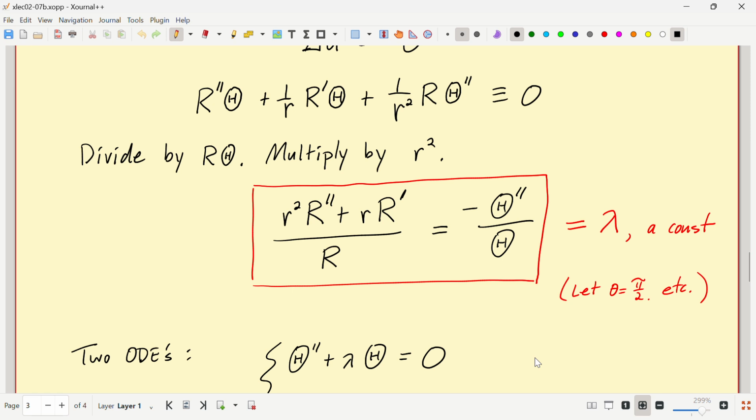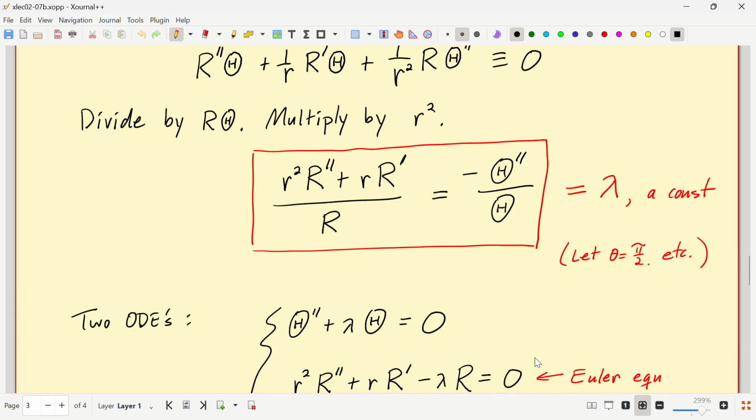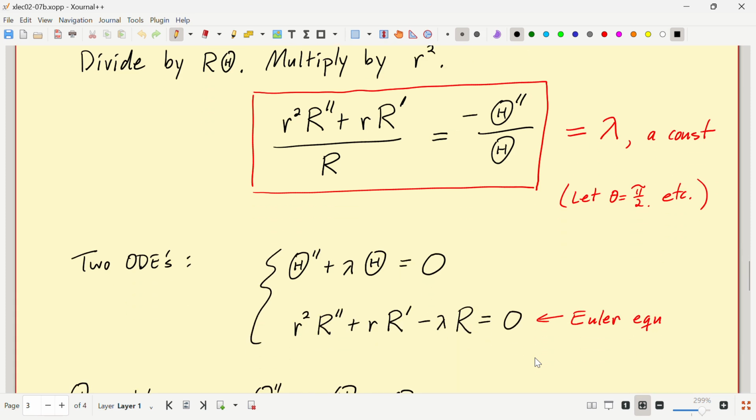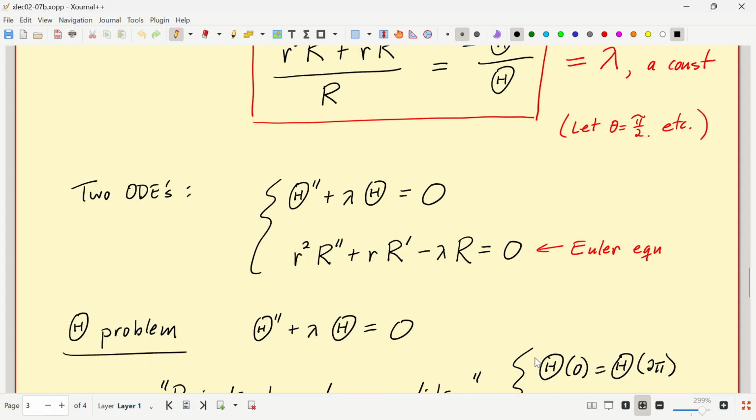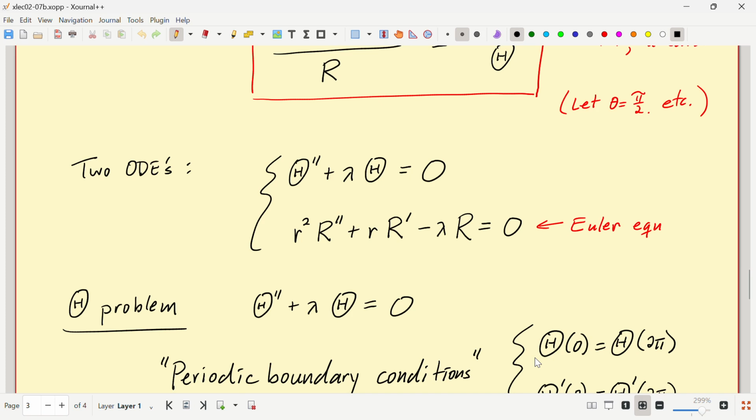Okay. And last time we started with the theta problem, which is very familiar. We'll save the r problem for the second thing. The theta problem is just the simple harmonic motion differential equation, and in fact we're going to get trigonometric functions from it.